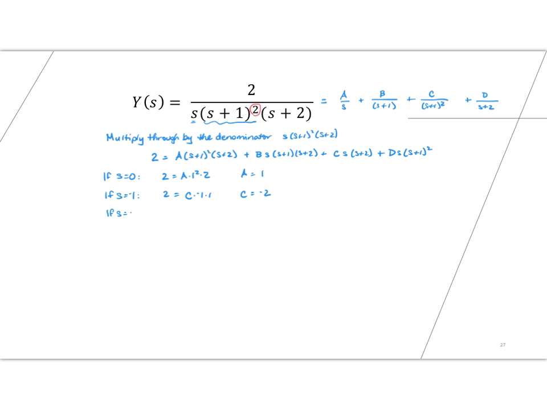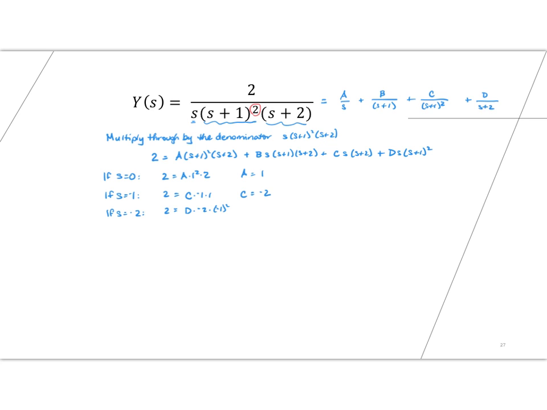And if s is negative 2 from this term, then I end up with 2 is equal to 0A, 0B, 0C, and D times negative 2 times negative 1 squared.